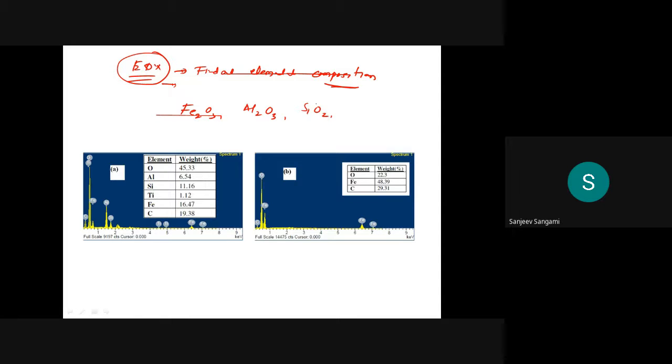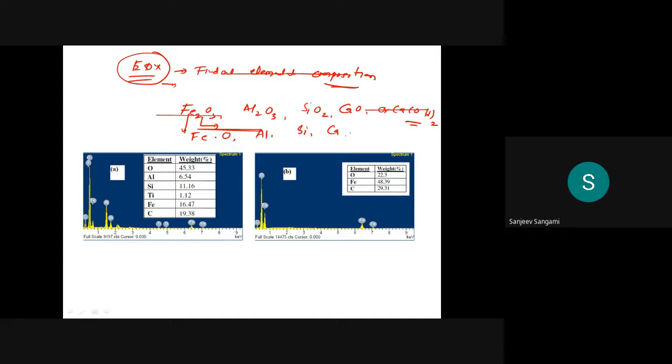SiO2, then you have CaO or Ca(OH)2. Suppose I want to find out how much Fe is there, how much oxygen is there, how much Al is there, how much Ca is there, the individual elements.